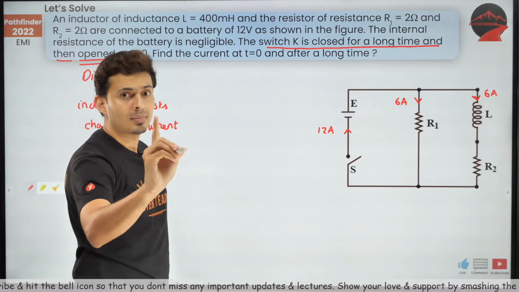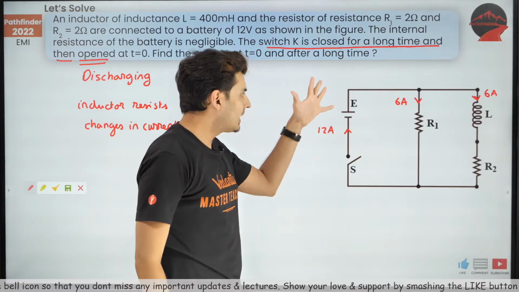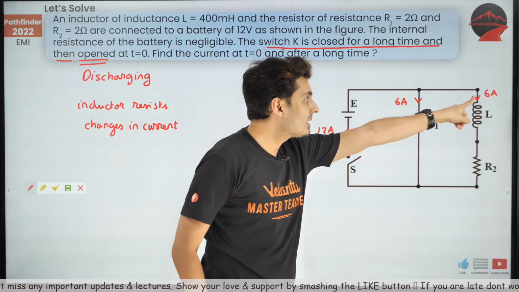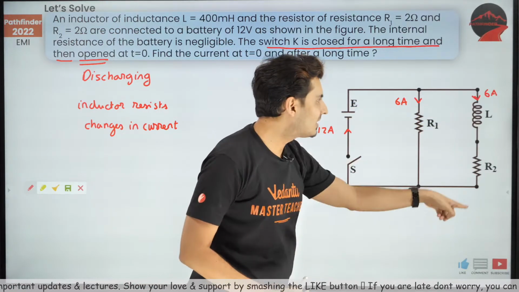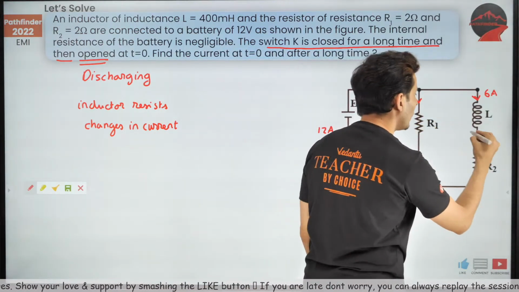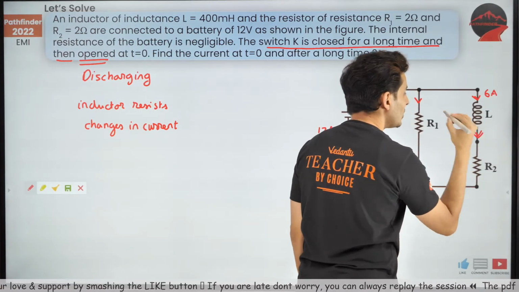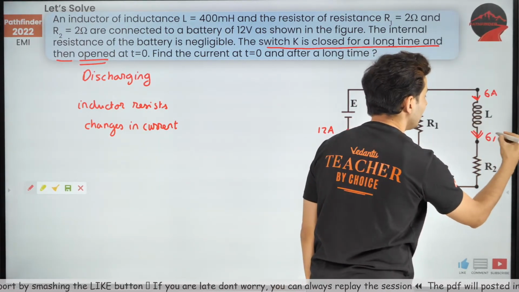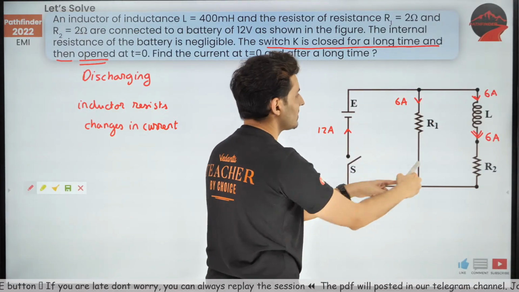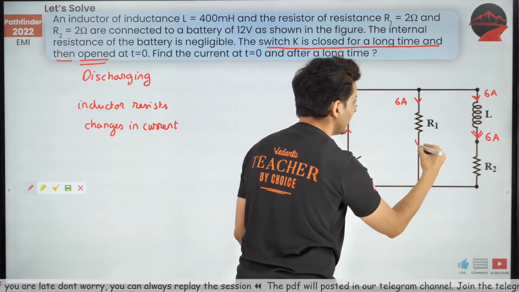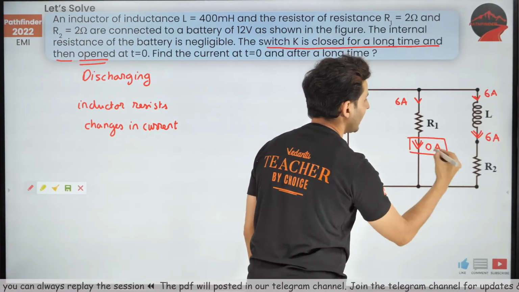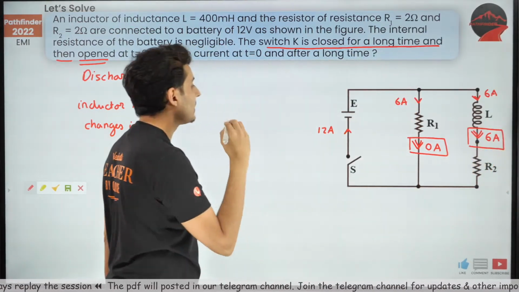It will oppose it. So this inductor will be like, okay, the battery vanished, the current will eventually become 0, but it will not let it become 0 instantly because this branch has some inductance. So at time 0, the current will still remain 6 amperes, but there is no inductor in this branch. So this current will instantly die to 0 amperes. So that is the answer for time 0.